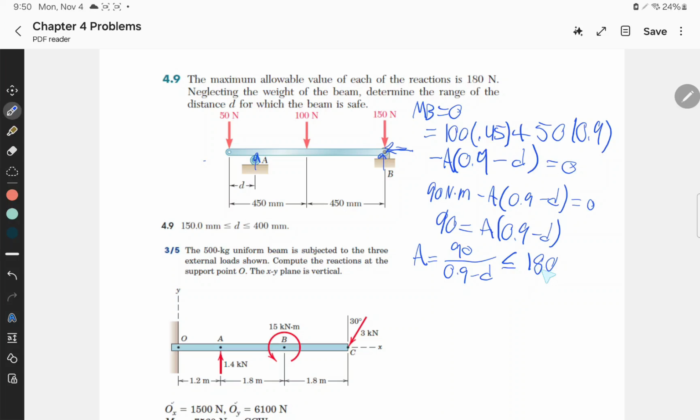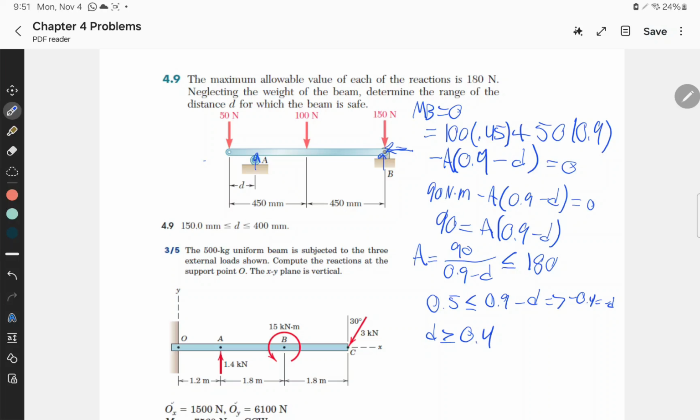If we solve this out, I'm gonna divide by 180 on both sides, and then multiply (0.9 minus D) to that side, and that's gonna give us 0.5 less than or equal to 0.9 minus D. And if we move that over, it's gonna give us minus 0.4 equals minus D. So therefore, D is greater than or equal to 0.4. So that's what we got for moment about B.